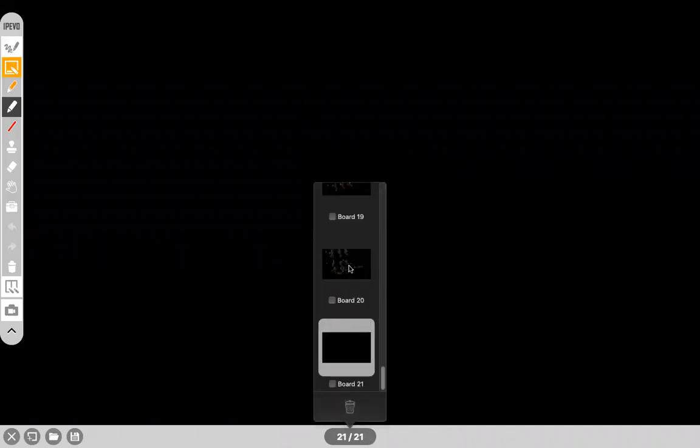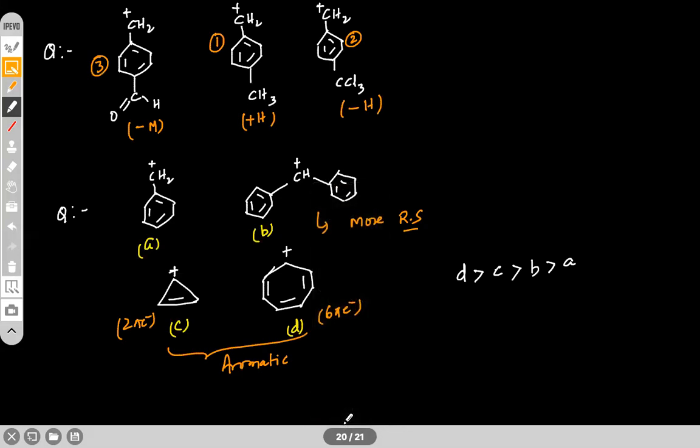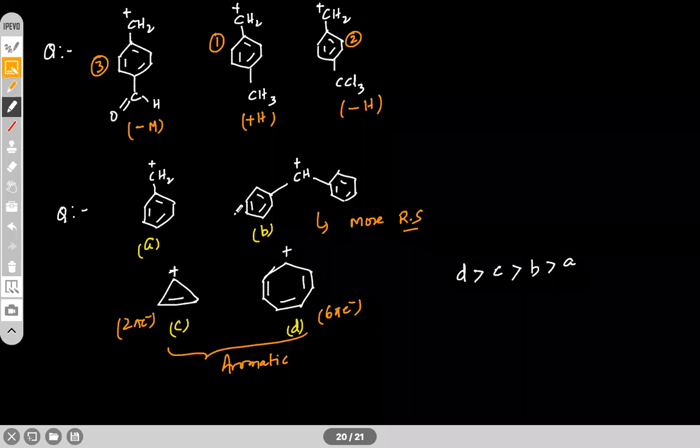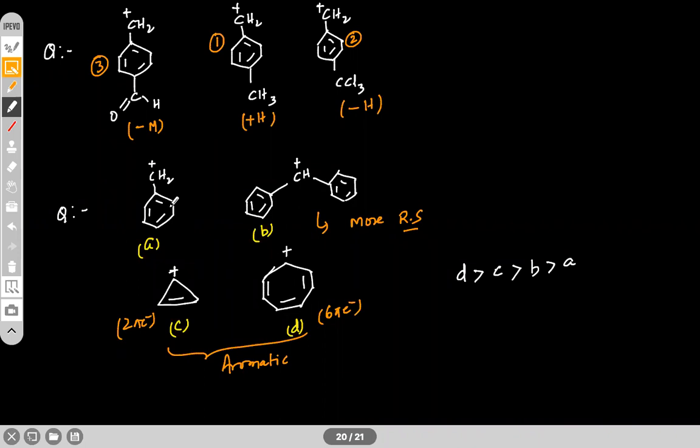Just a second. See, in this question, what happens? These 2 compounds are resonance stabilized. And this, you see the positive charge here, because of this the compound becomes aromatic. So these 2 are aromatic, these 2 are resonance stabilized. When we have the same factor, the one with more resonating structures is more stable. So B is more stable than A because we have 2 rings here, only 1 ring present here.